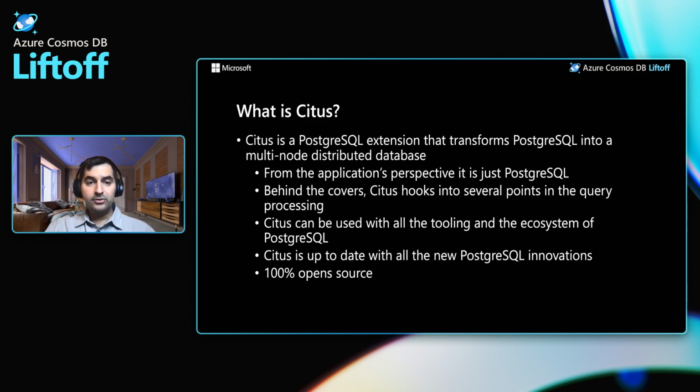And because from the application's perspective, Citus is just PostgreSQL, Citus can be used with all the tooling and all the ecosystem of PostgreSQL. And again, because Citus is an extension, it is up to date with all the new PostgreSQL innovations. As soon as a new PostgreSQL version comes, Citus is ready for running with that version.